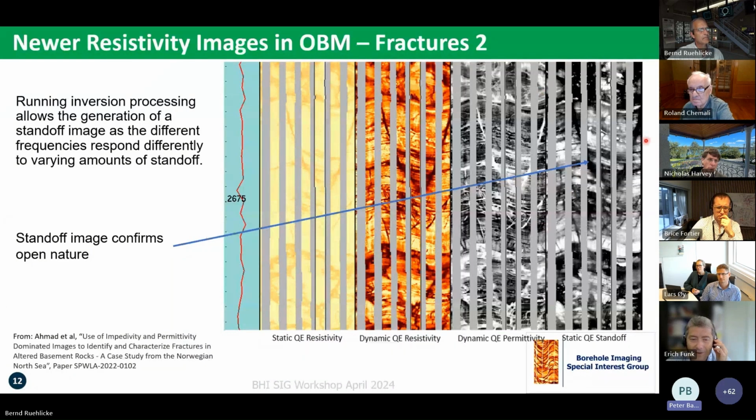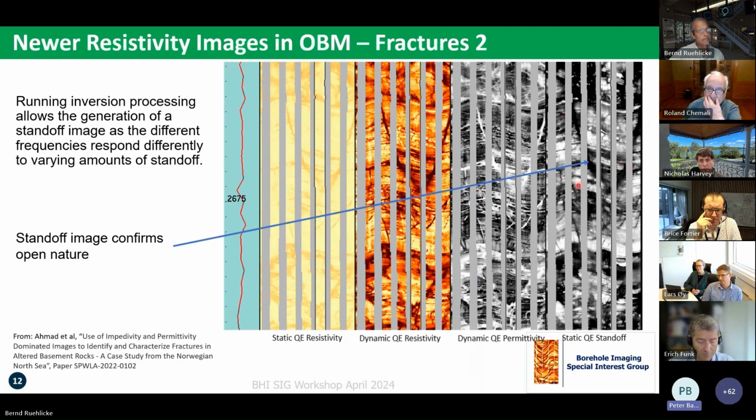And here we see the same fracture again. We see that it's got a longer response, if you like, on the standoff image, suggesting that this fracture is indeed open. Using the resistivity and the permittivity images alone leads us to that response, but having the inversion results here just proves what we're saying.